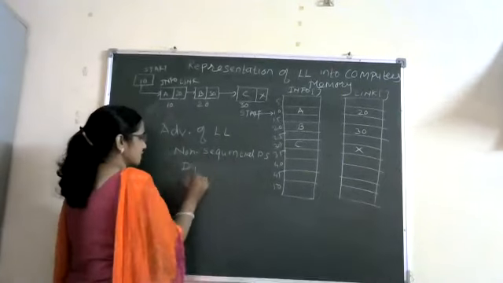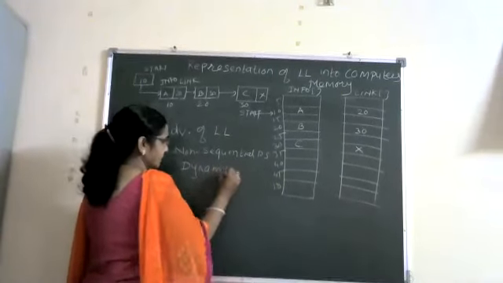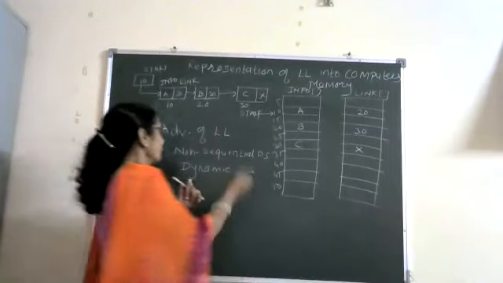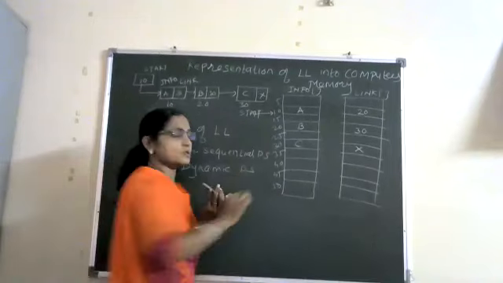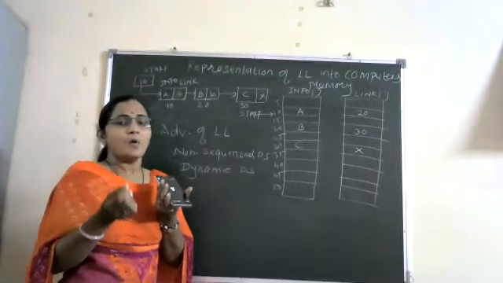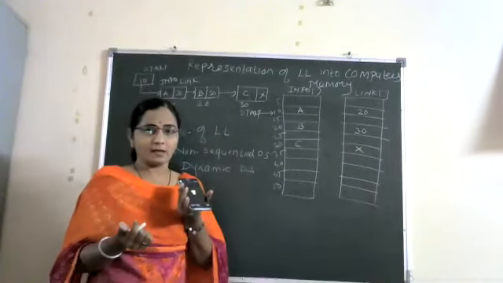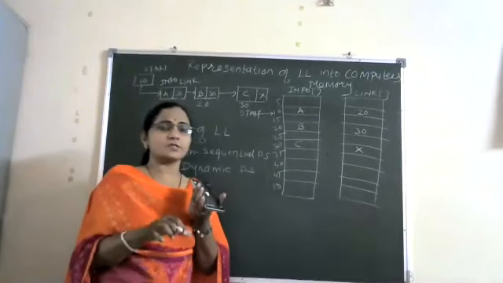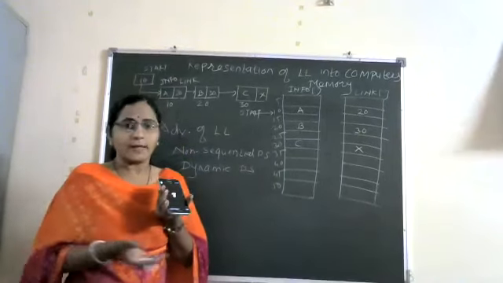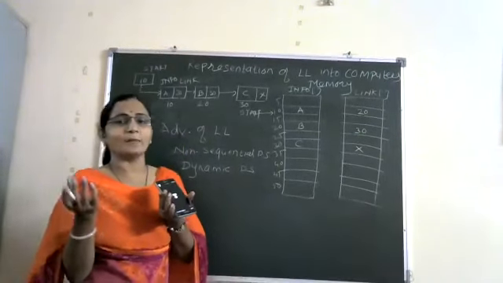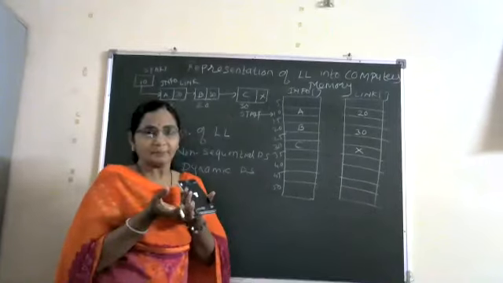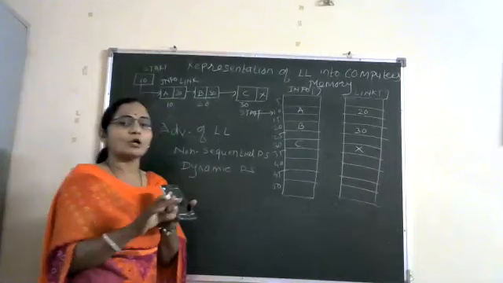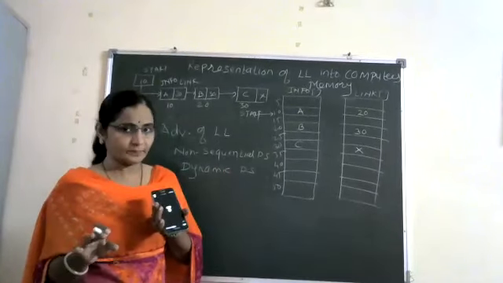It is also called a dynamic data structure. Why is it called a dynamic data structure? Because with the help of a linked list, you can create memory when it is required. As and when you require memory, at that point you create the memory. There is no necessity to create the memory beforehand, and therefore it is called a dynamic data structure. It is not like a static data structure.